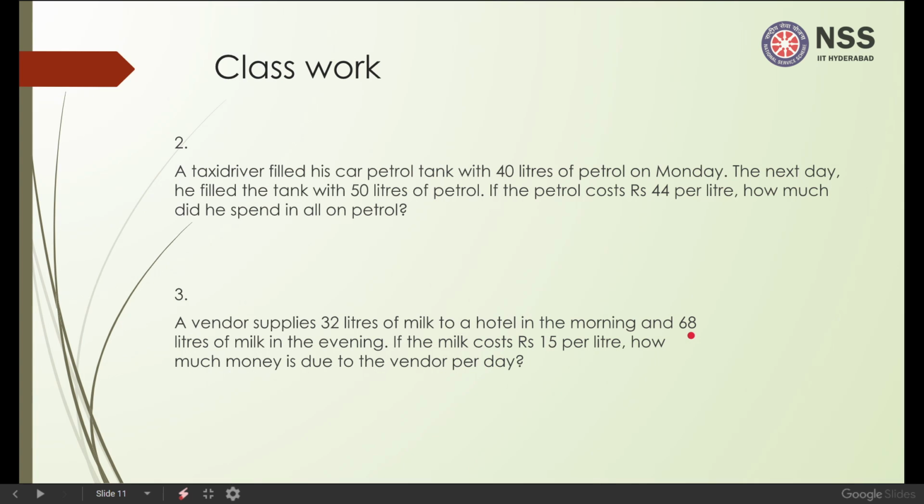That will be 68 multiplied by 15, so 1020 rupees. Adding both 1020 and 480 rupees, we get 1500 rupees. Therefore, 1500 rupees is the amount of money due to the vendor per day.